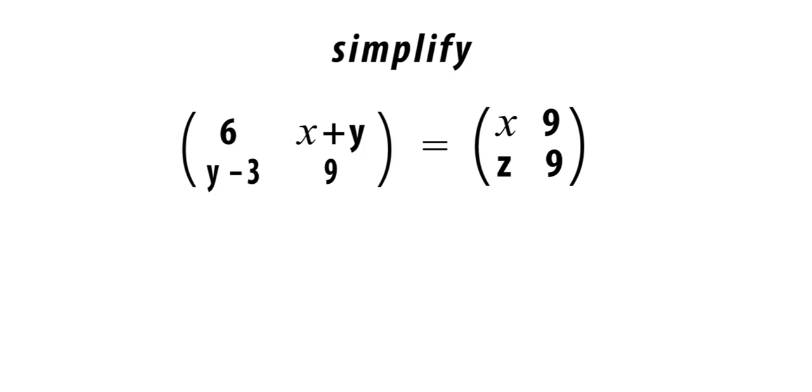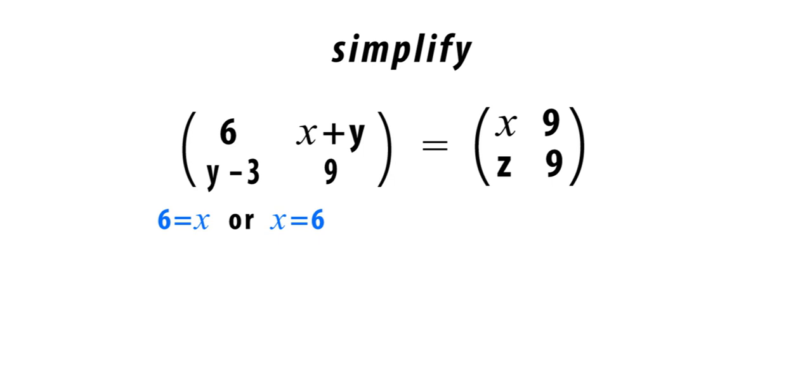Now, we want to simplify further. In matrices, we can always equate the corresponding values. So, we have 6 and x being corresponding. So 6 is equal to x. In other words, x is equal to 6. So that's our value for x.